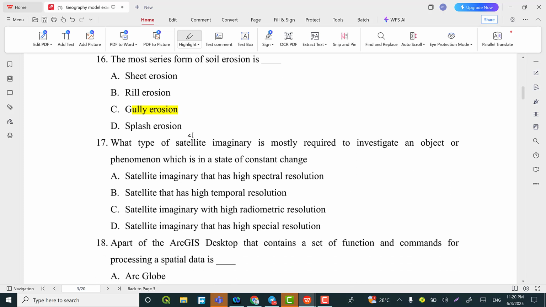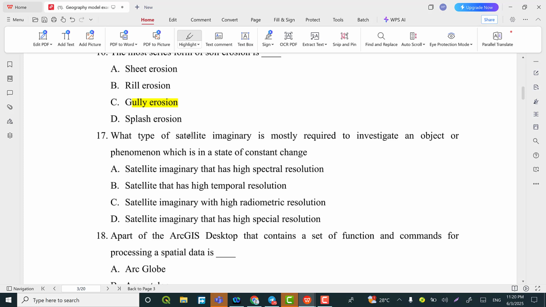Question number 70. What type of satellite imagery is most required to investigate an object or phenomenon which is in a state of constant change? A, satellite imagery that has high spectral resolution. This is not it. Please try to understand what the question means.